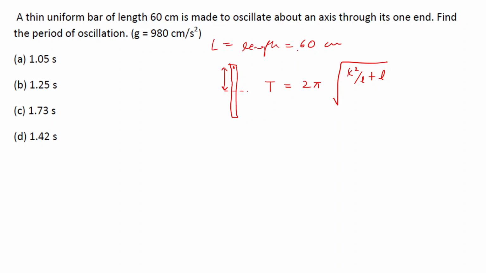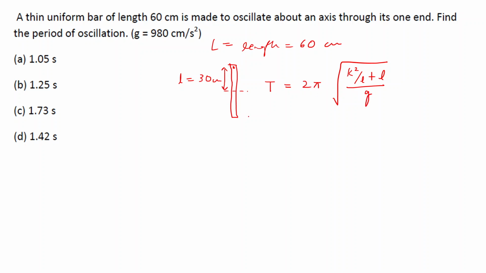If the total length is 60, then this will be 30, right? The small l will be 30 centimeter. So this divided by small g.